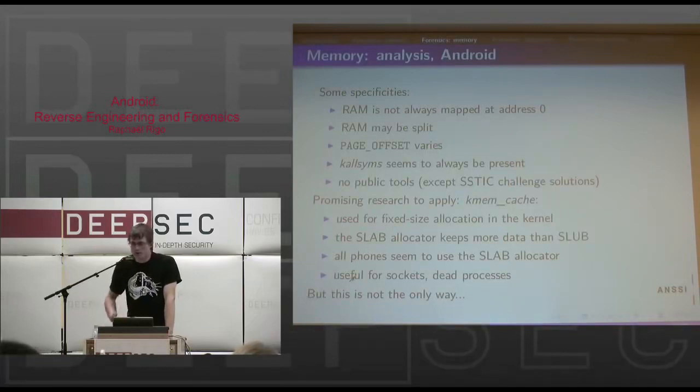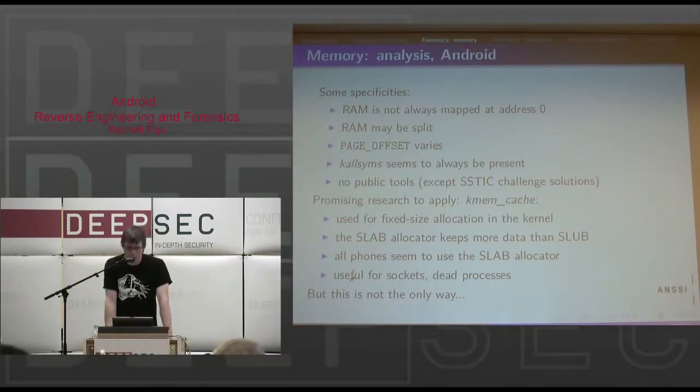So it maintains a cache of recently deallocated data to reuse it as a lookaside cache, basically. And it's really useful because the slab allocator, which is the default on all the phones I have seen, is really good at keeping data after it is not used anymore. So if you can parse the kmem cache, you're probably going to find a lot of information about dead processes, closed sockets, and everything.